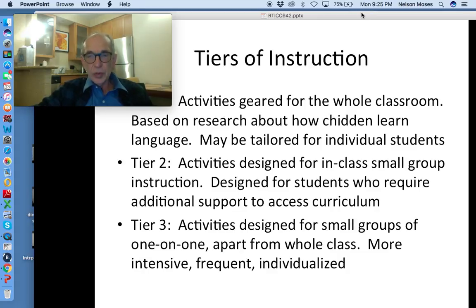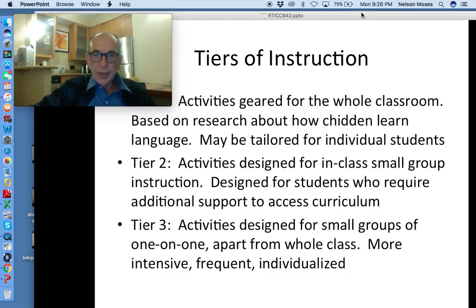We're really trying to help, again, as it says here, children access the curriculum by working on language-based issues and really helping the teacher understand the linguistic and cognitive components of teaching and learning, as opposed to simply skill-based work, or a skill-based perspective on classroom activities.